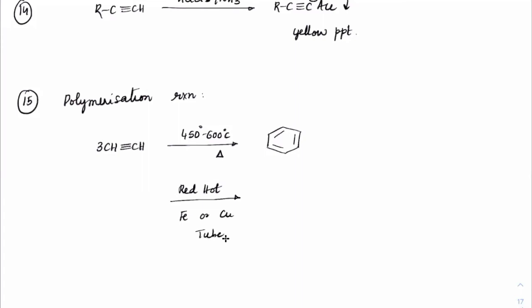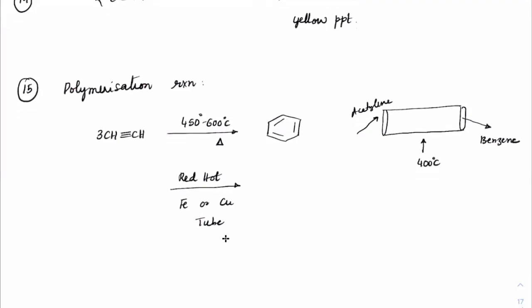Basically, you take an iron or copper tube, keep it hot at around 400 degrees centigrade, and then pass the acetylene gas. The vapors that come out will be benzene vapors.